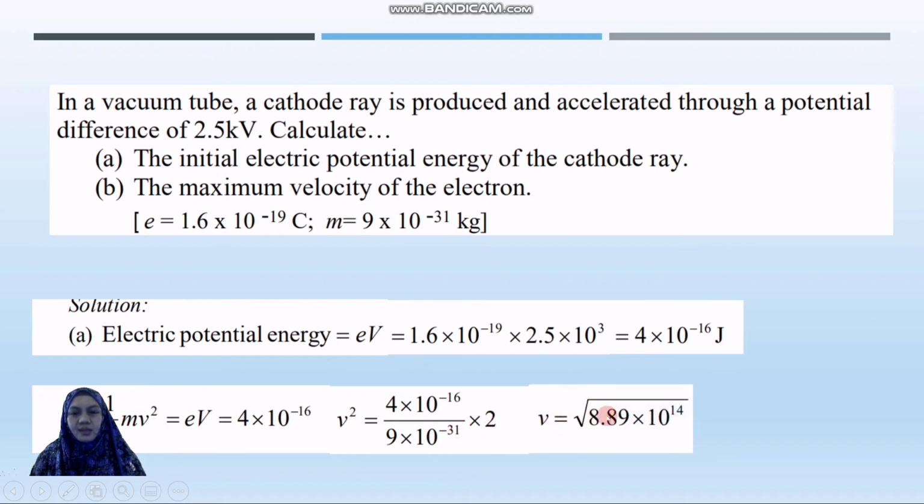So v squared is 8.89 times 10 to the power of 14. This is v squared. So to find v, we square root this answer. So v is equal to 2.98 multiplied by 10 to the power of 7 meter per second.